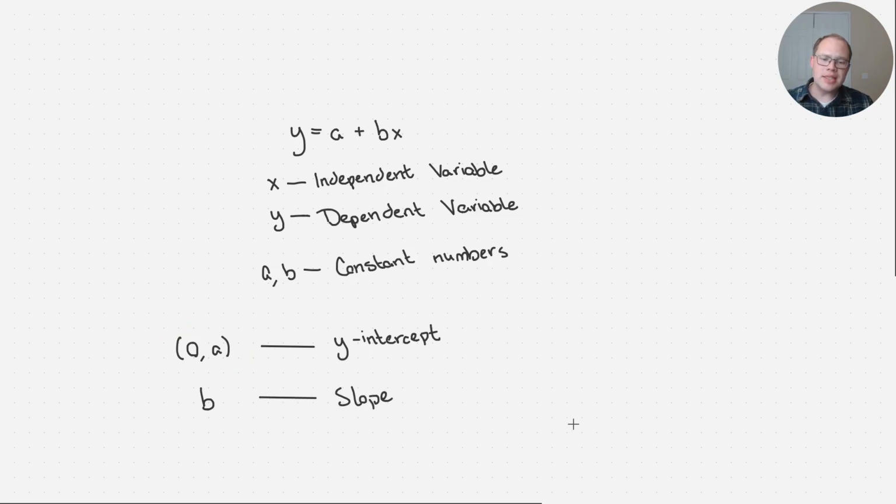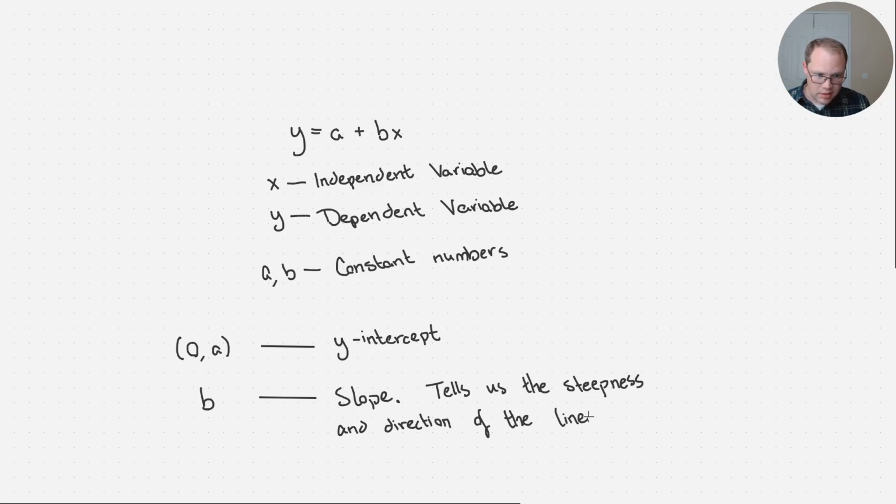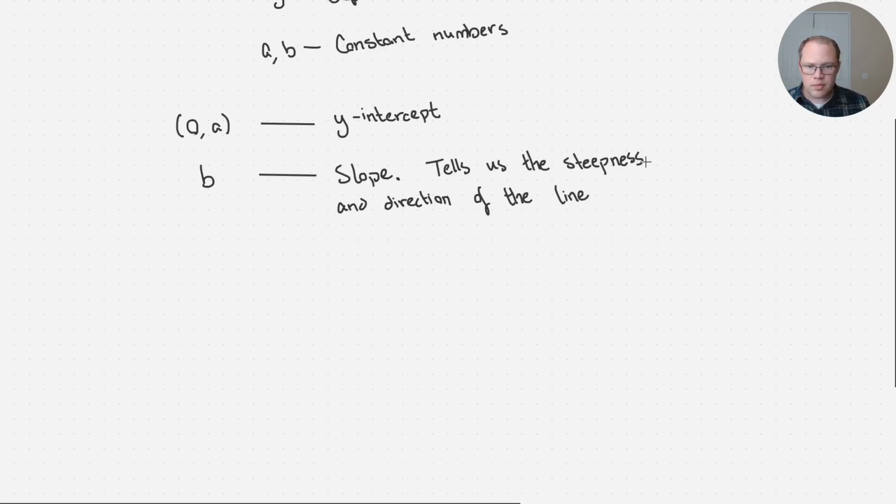The slope of the line tells us both the steepness and the direction of the line. Okay, so let's look at a few examples to get an idea of what different values of a and b can do.